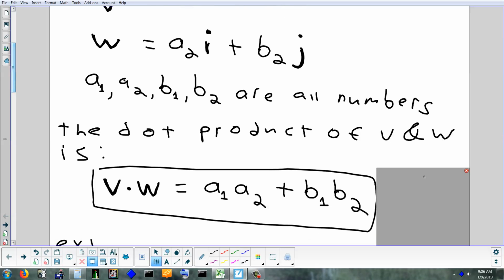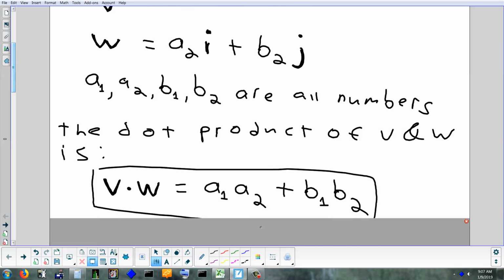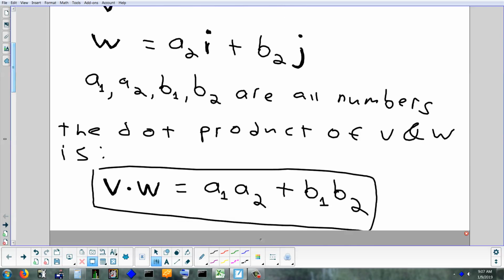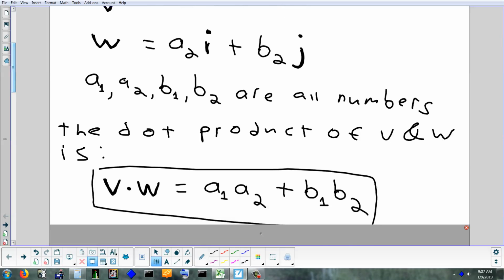So let's look at what the answer would be. Okay. What did I say earlier? a1, a2, b1, and b2 are all what? Numbers. They're all numbers. What do you get if you multiply a number times another number? You get another number. You get a number. And what if you add a number to a number? A number.